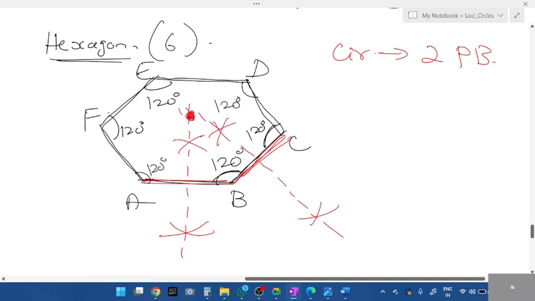Okay. From there, you can touch any one of the points. Total we have six alphabets, A to F. Okay, just a minute. 120. Okay, this center, I didn't get the exact value.